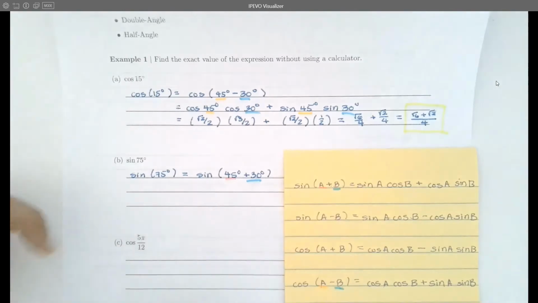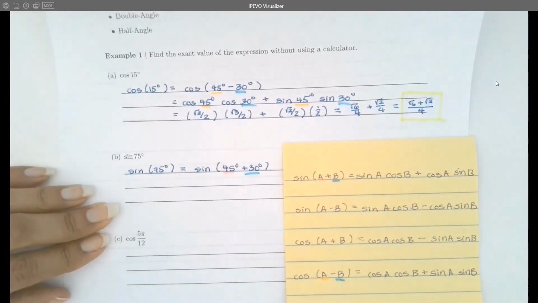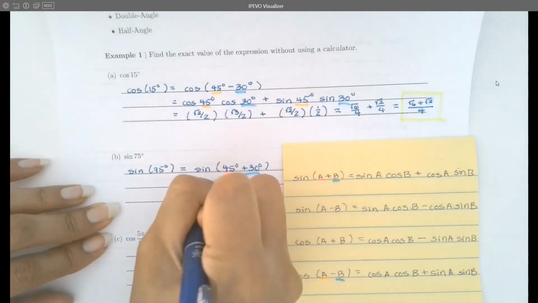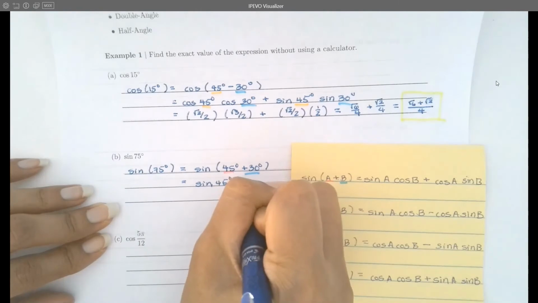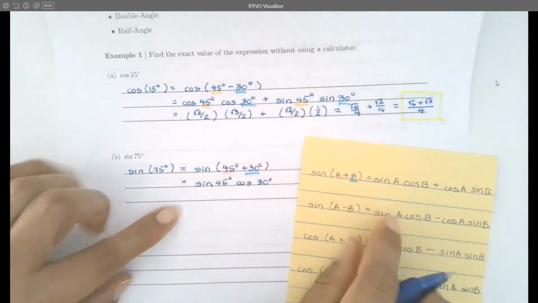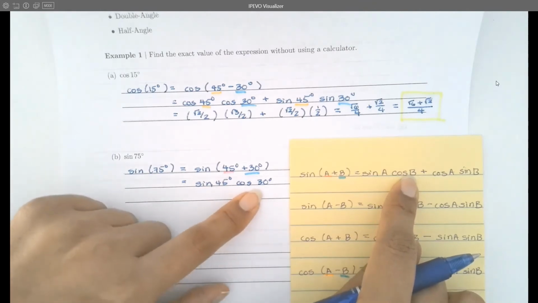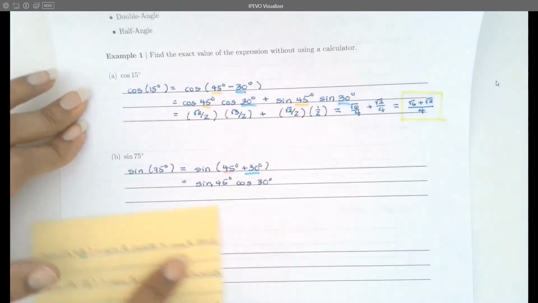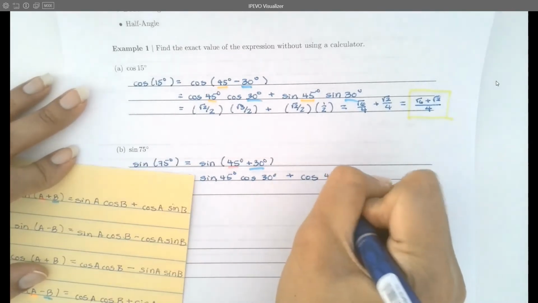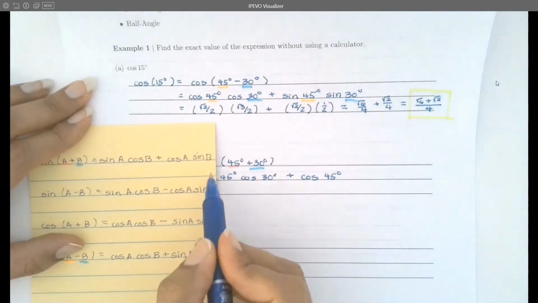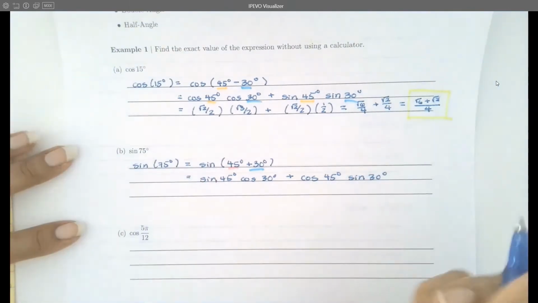Okay, so now if we apply the formula, we're going to get sine of 45 degrees times cosine of 30 degrees, because it's sine of the first angle times cosine of the second. And then we have plus cosine of the first angle, so that'll be 45, times sine of the second, so times sine of 30 degrees.